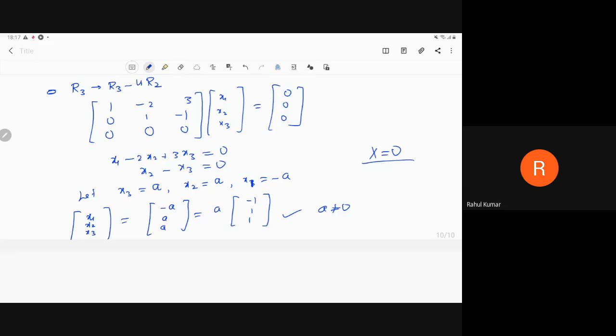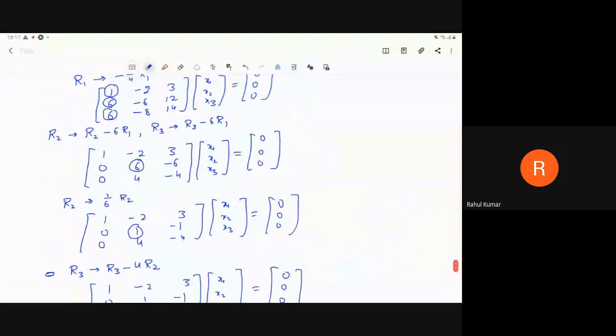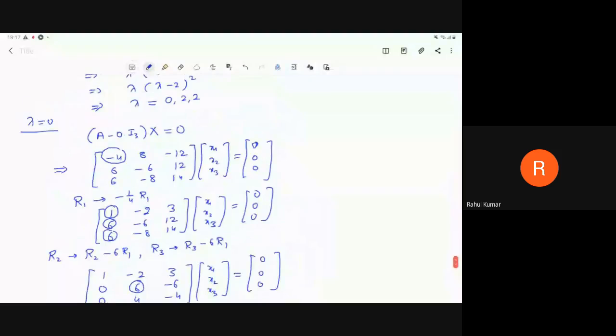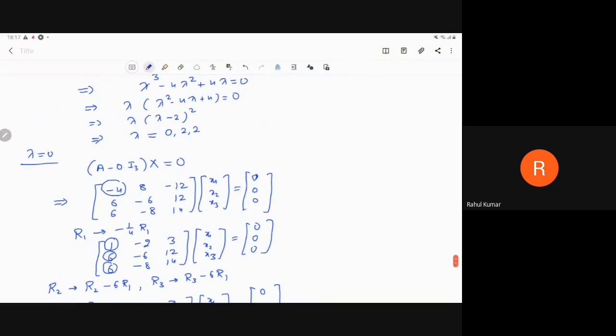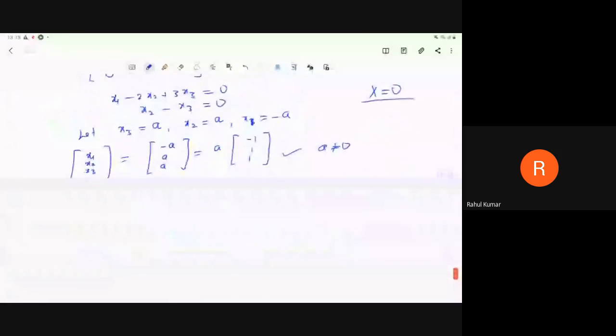Similarly, I have solved one 3 cross 3 case for you. Same way, can you find the eigenvector for lambda equal to 2? This is a good exercise. If you do it yourself, it's wonderful. I will not do it. I want you to do it now. For lambda equal to 2, what do you get for x1, x2, x3?